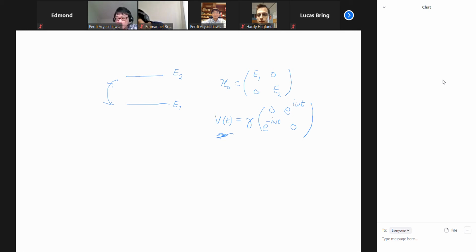This problem can be solved exactly, and we will do this maybe after the break. It's a very useful problem because quite a lot of systems can be mapped to this two-level problem.